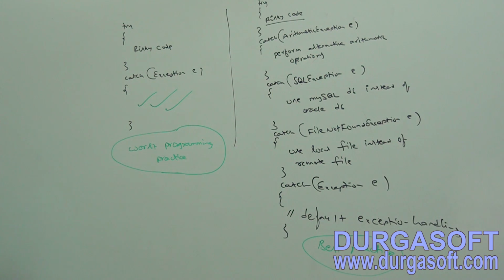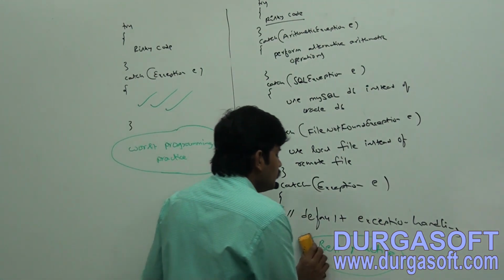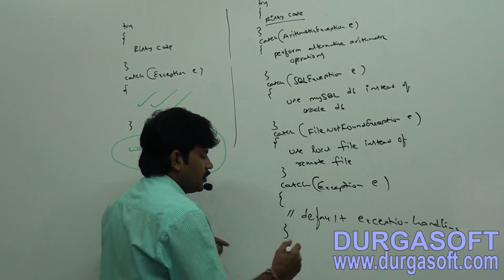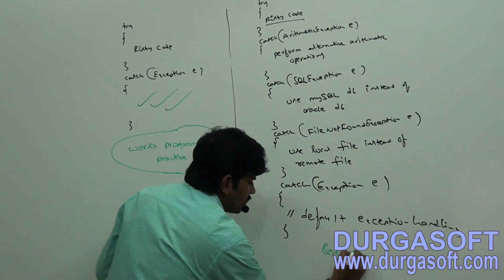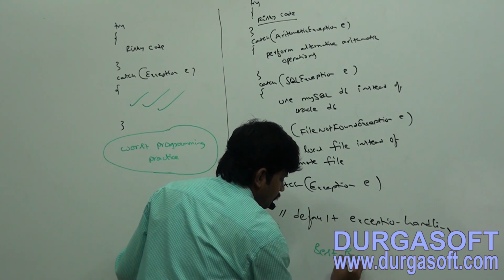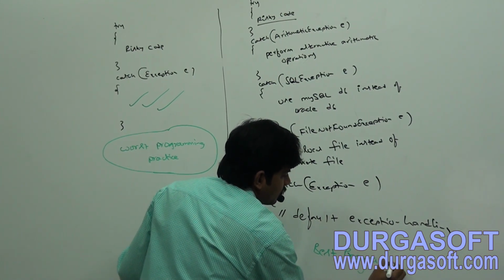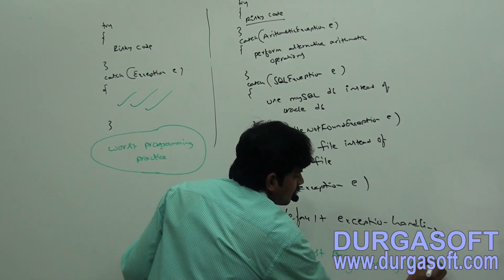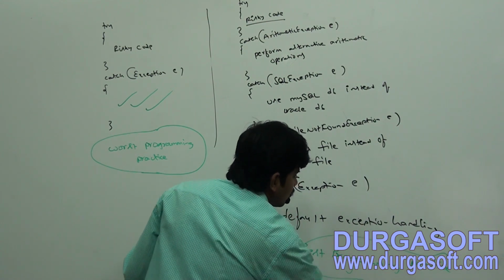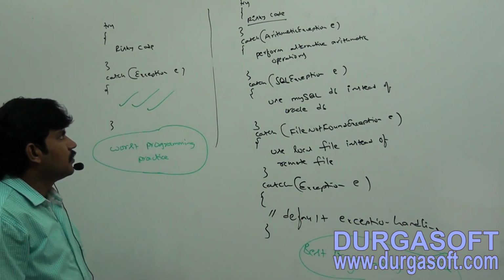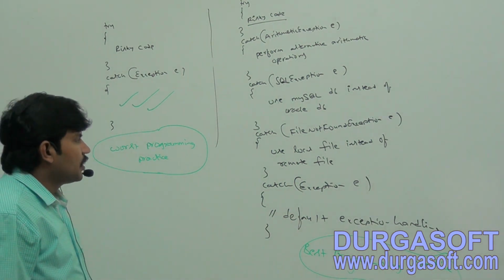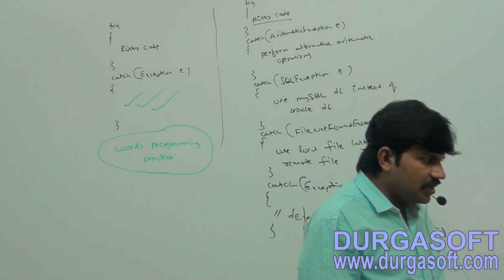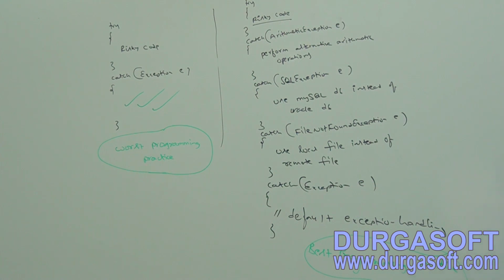Next, this one. Try risky code, catch arithmetic exception E, perform alternative arithmetic operations.